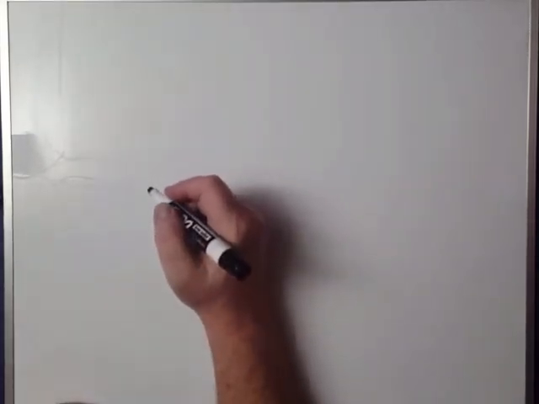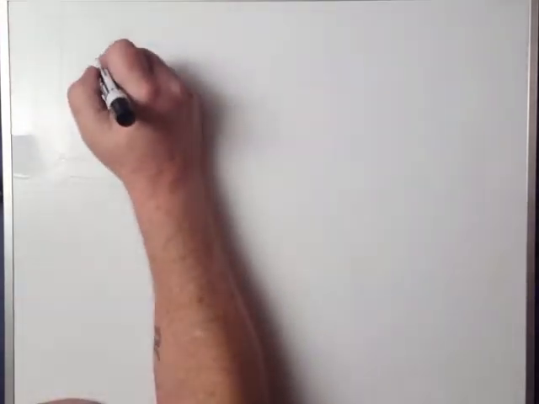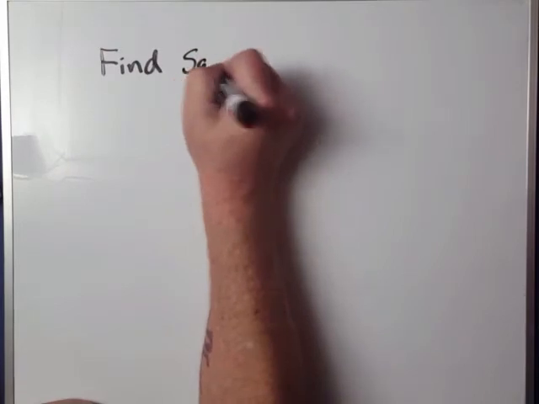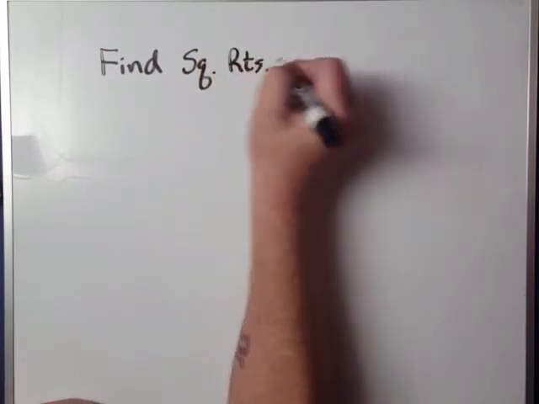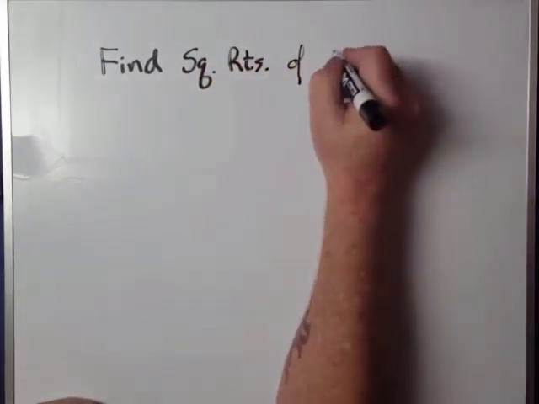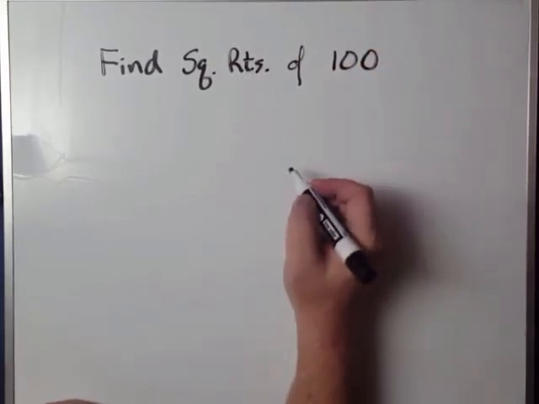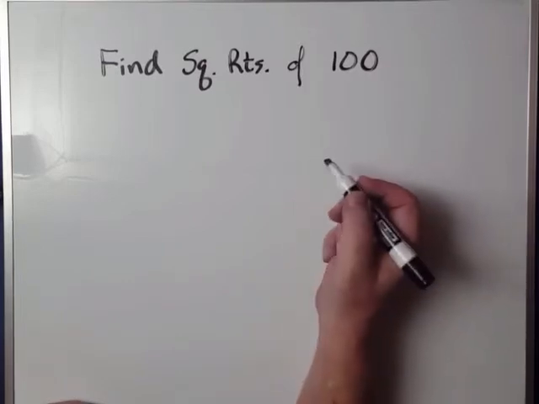Number 14. The instructions say, find all square roots of each number. So find, in number 14, the square roots of 100. Well, we know that real numbers have 2 square roots, except for 0.